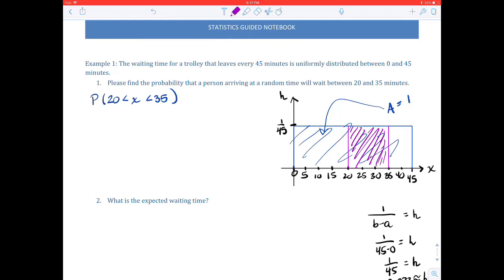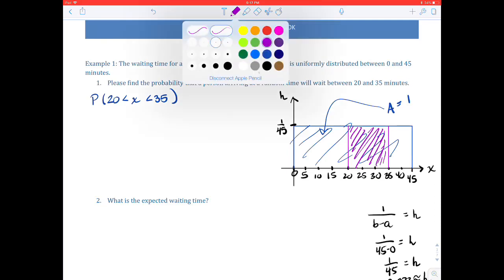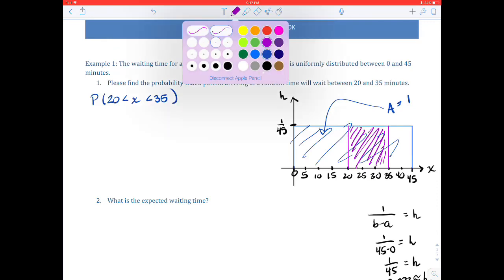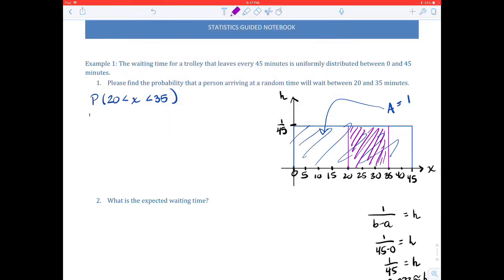So, we all know the area of a rectangle, right? Area is length times width, or base times height. So the rectangle within the rectangle, if you will, has a base equal to 35 minus 20, which is 15. And remember, our height we found to be 1/45. Groovy?